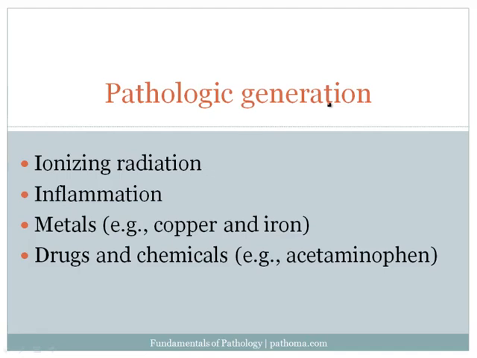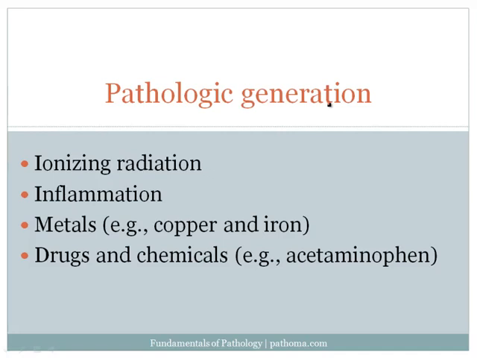Another example, just take an excess of copper. So what's the disease in which there is an excess of copper? It's called Wilson's disease. And in Wilson's disease, the excess of copper generates free radicals, which then leads to tissue damage, creating a set of certain clinical symptoms.